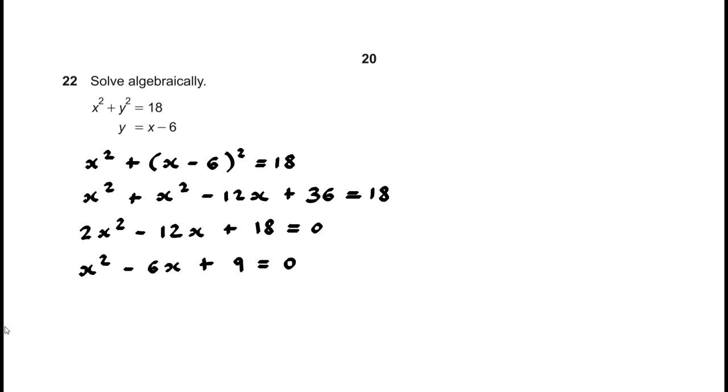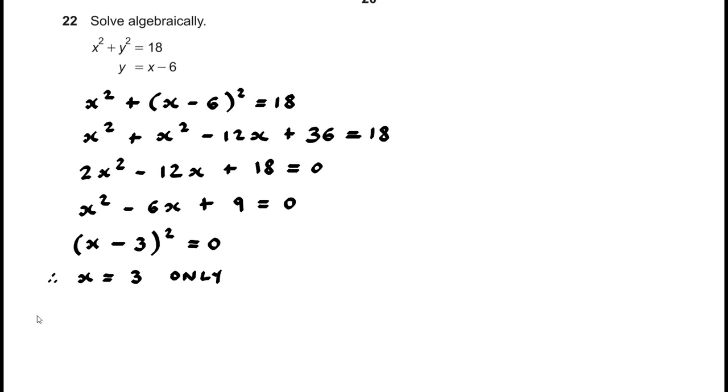So we would have (x minus 3) squared equals 0, because when I expand (x minus 3) all squared, I get x squared minus 6x plus 9 equals 0. So that means x is equal to 3 only. Now that I know what x is, I can find out what y is. y equals x minus 6, so I would have 3 minus 6, which is minus 3. So we have x is 3, y equals minus 3.